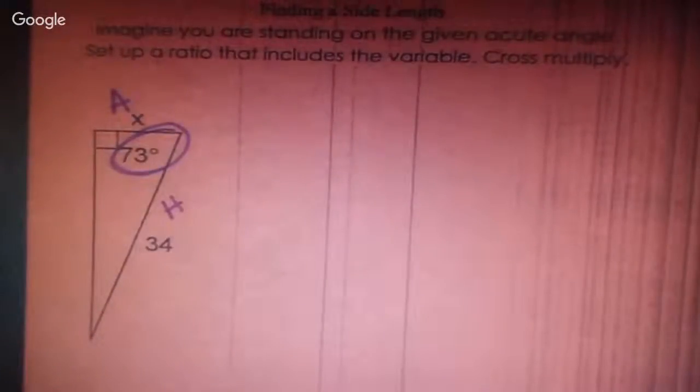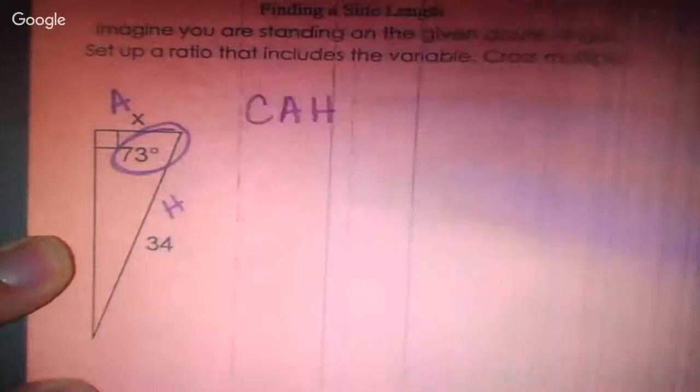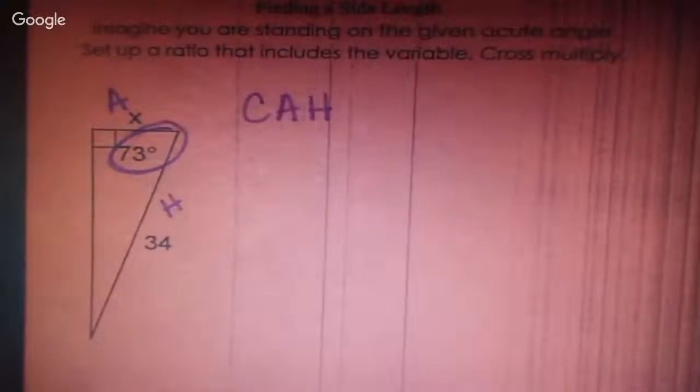So adjacent, hypotenuse. What trig ratio do I need to use? Cosine. CAH. The way that we set this up is we start from left and work our way to the right.